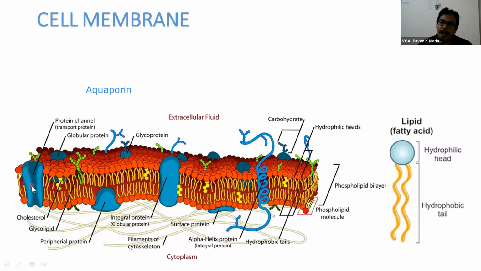In such a way, our cells have different types of channels for the movement of molecules across the membrane. And there are some globular proteins, like hemoglobin and myoglobin. We call these globular proteins, for example. And there are some glycoproteins.